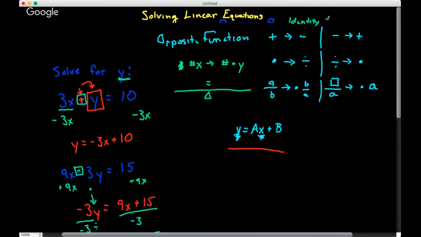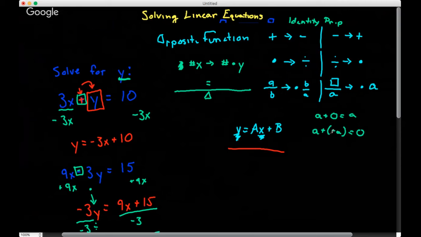Okay, your identity properties. And what those say, all right, is a plus 0 equals a, but also more importantly, a plus a negative a equals 0.